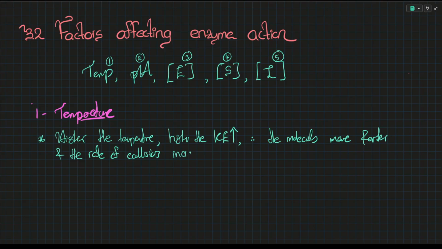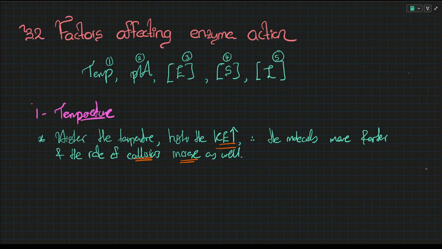The rate of collisions increases as well. I'll highlight the key points. Higher kinetic energy, collisions increase as well. I'm going to have to improve my handwriting right here, right now. Sorry about that. That's the main thing that you need to put into your mind when it comes to temperature. By increasing the kinetic energy, more movement, more collisions.